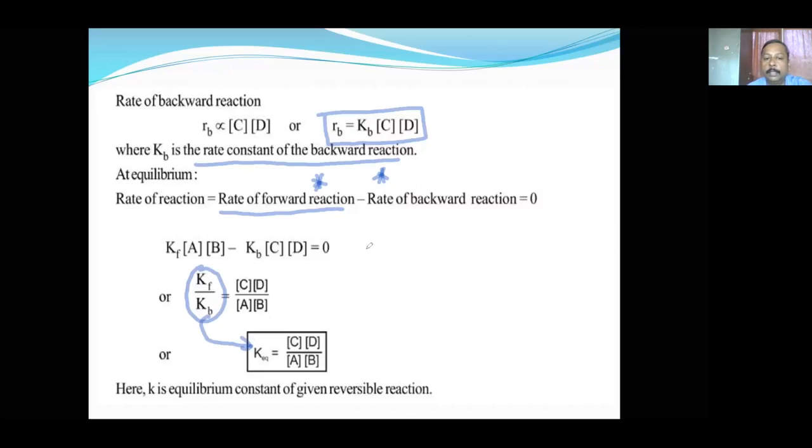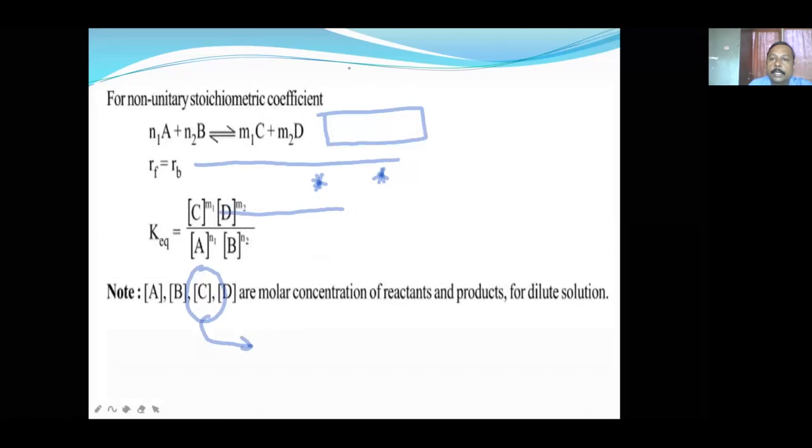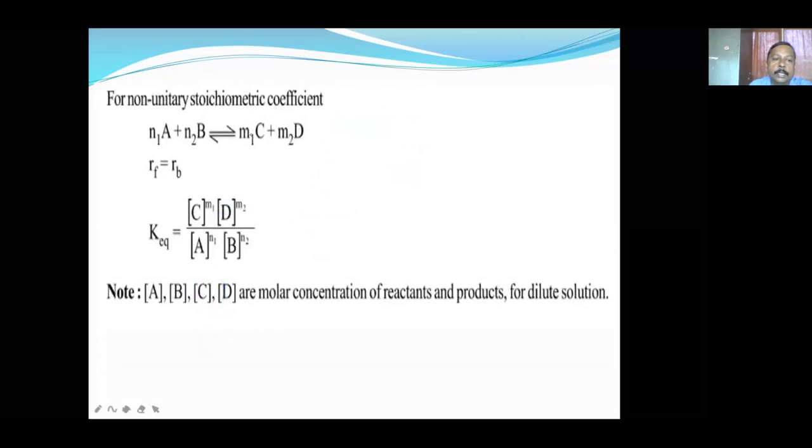What is it called? K equilibrium. This is for unitary coefficients in the concentration terms. But if they are non-unitary, that means some other moles are taken, N1, N2, M1, M2.